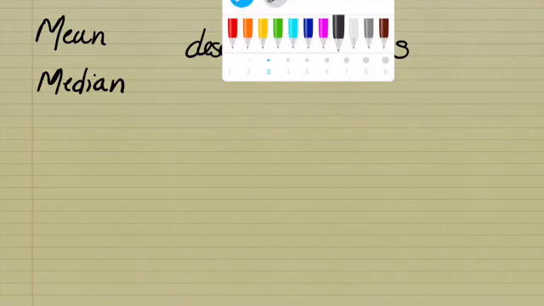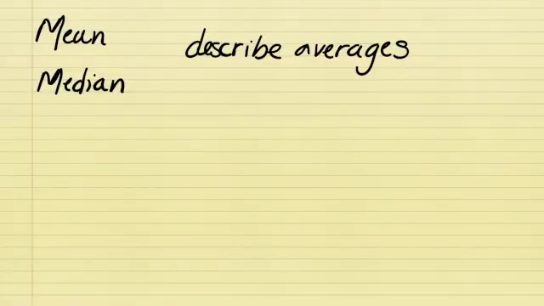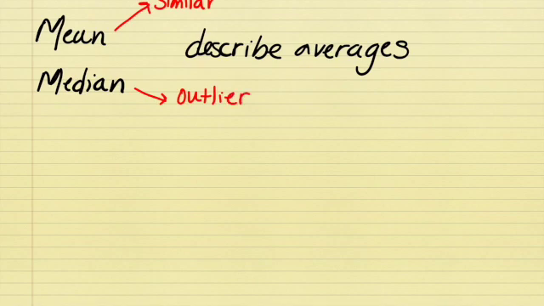And they both have somewhat different jobs. If all of your numbers are pretty close, if your data is all pretty similar, then if you need to find the average, you're going to use the mean. And if you have what's called an outlier, you're going to use the median as the average.